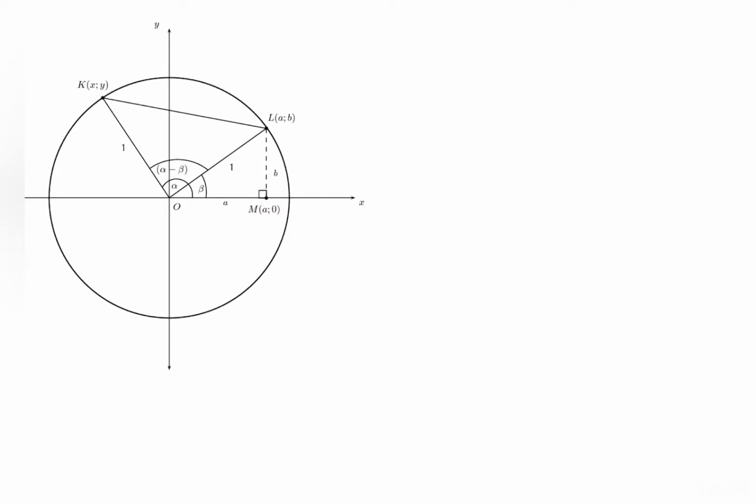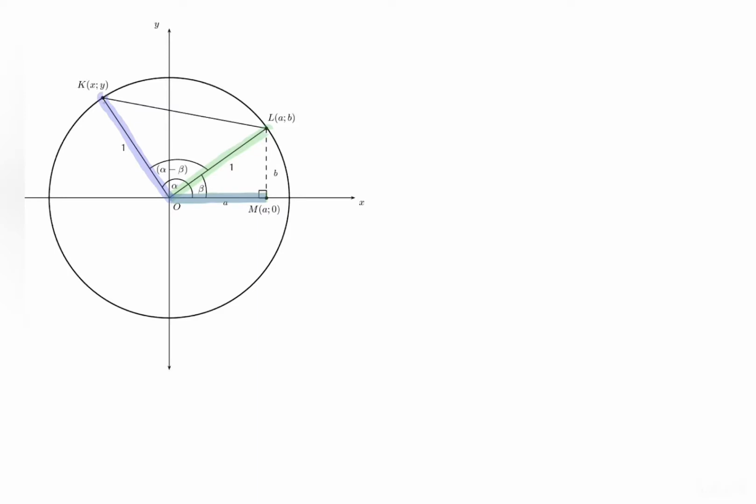Now we have 3 angles that we need to talk about. The first angle is the beta angle. The beta angle exists between this line and that line. So that is the beta angle there. Secondly, we have the alpha angle. The alpha angle exists between this line and that line.